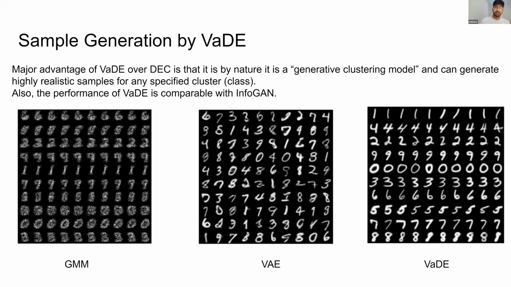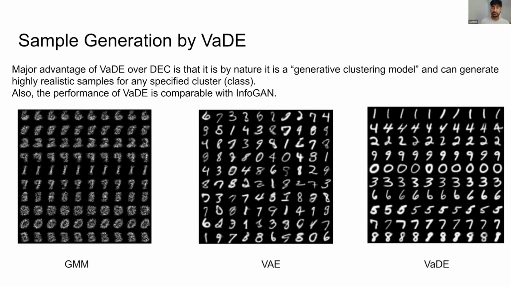As you can see here, these are the different unsupervised clustering methods: GMM, VAE, and VADE. The left portion represents the GMM model. GMM is doing the regeneration, but the image has a lot of noise in it. When you go to VAE, the generation is good, but it's not performing clustering, so the data in each row are not organized.